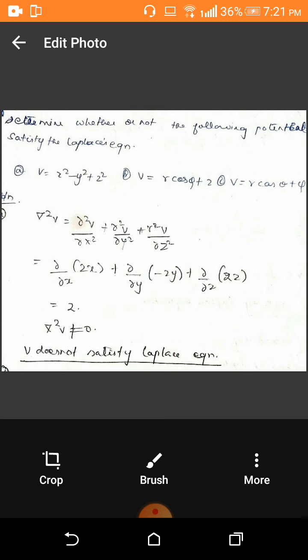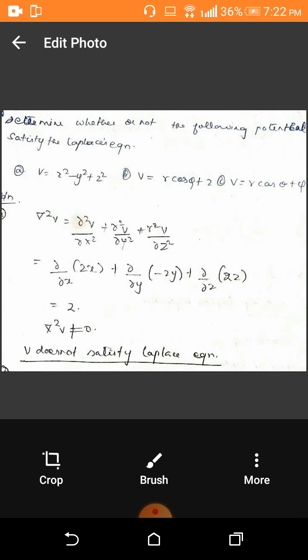So differentiating this with respect to x, y and z, you will be getting dou by dou x into 2x plus dou by dou y into minus 2y plus dou by dou z into 2z. So differentiating all this expression with respect to x, y and z, you will be getting 2. So here del square V is not equal to 0. So this condition is not going to satisfy your Laplace condition.